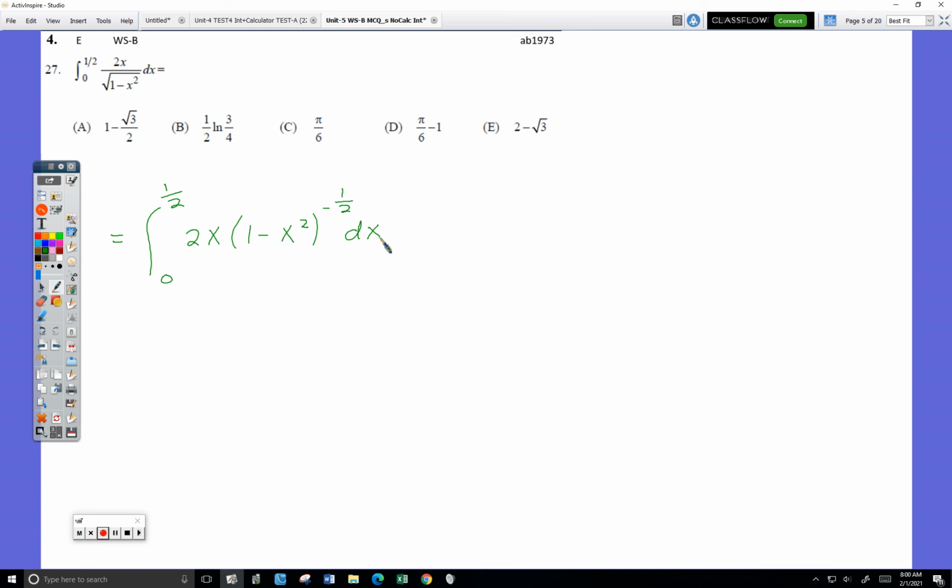Questions? So I changed the square root to 1/2 power and then moved it to the numerator. Okay.